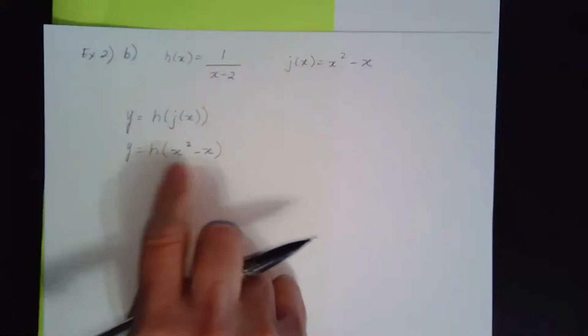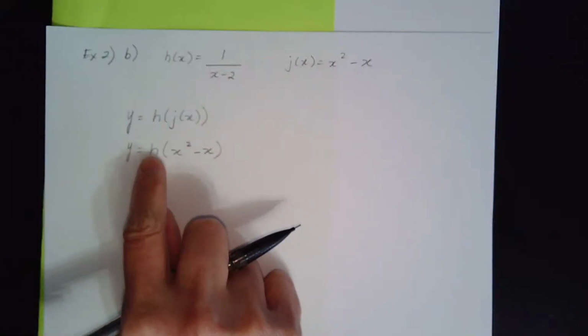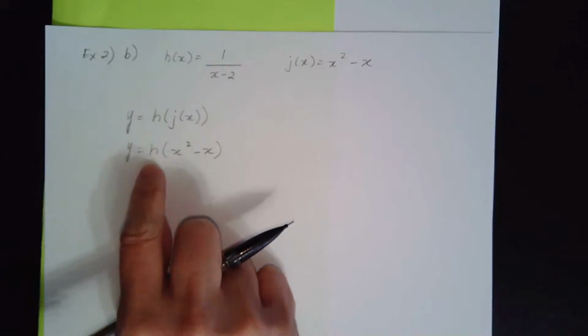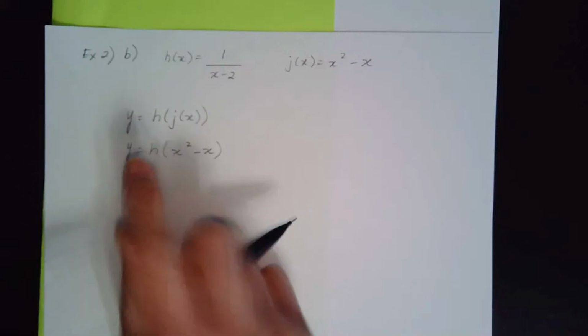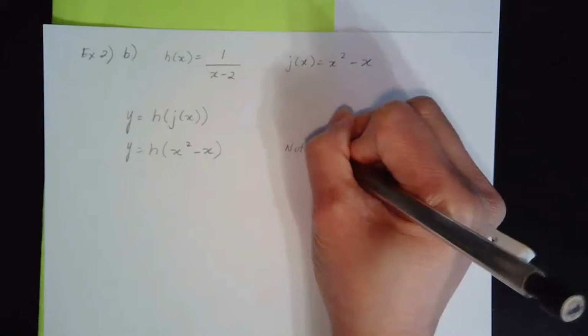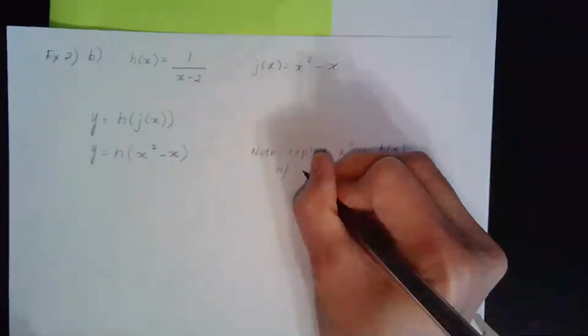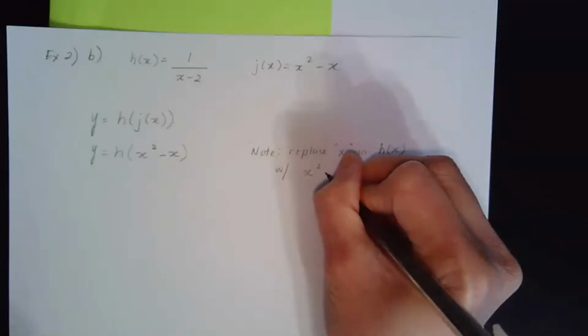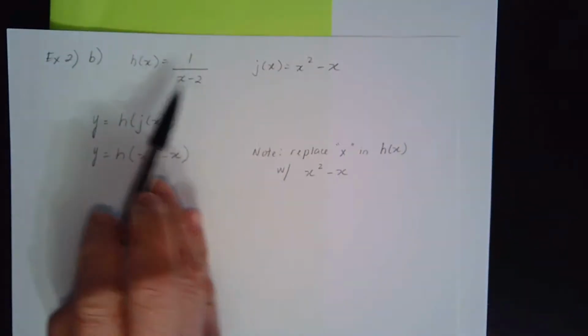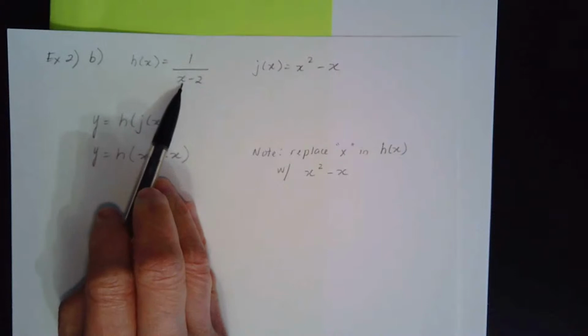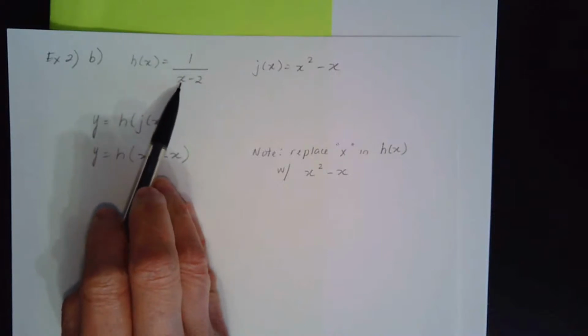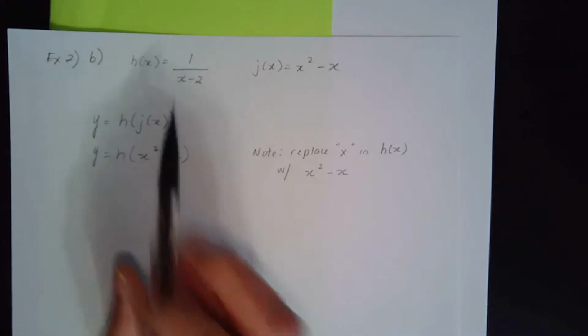Now that we have that, we're going to take the function h and replace x with x squared minus x. That only happens once right there. So we're going to replace this x with x squared minus x.